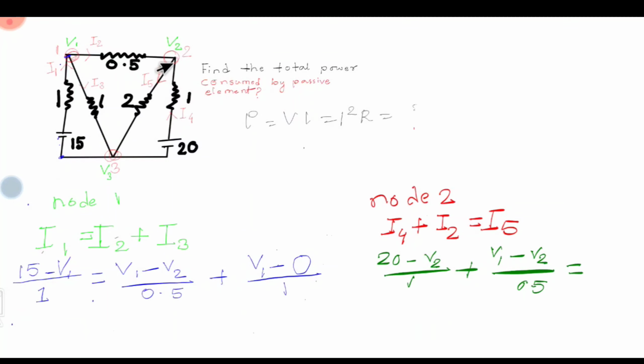I5 is V2 minus V3. V3 is 0, so it is V2 by 2. So this is our second equation.